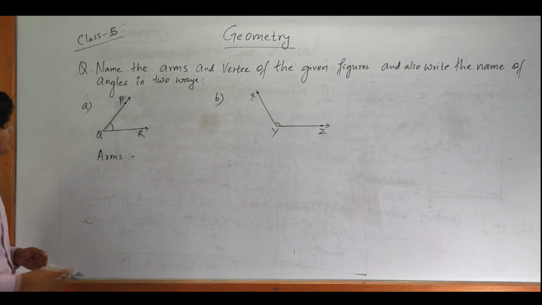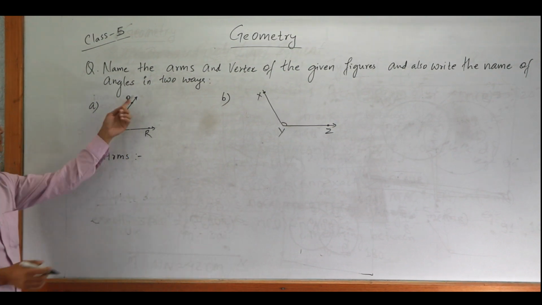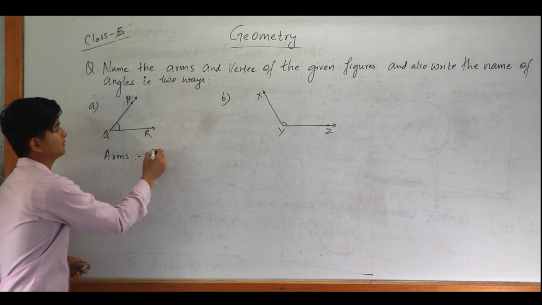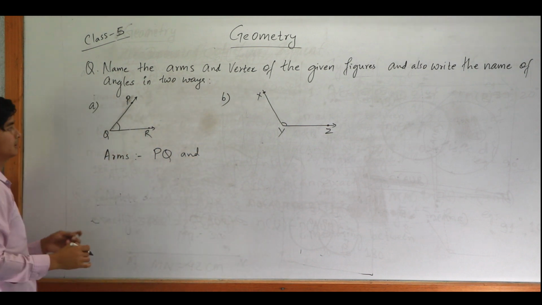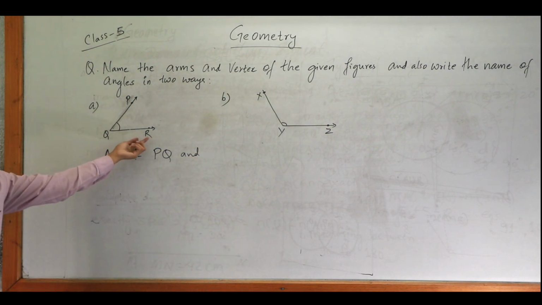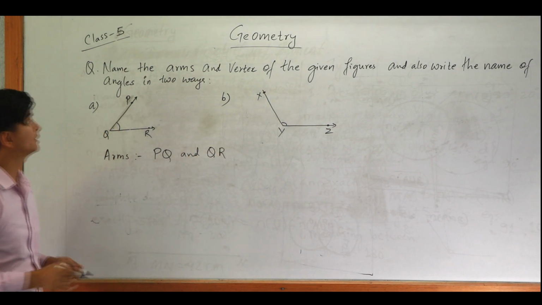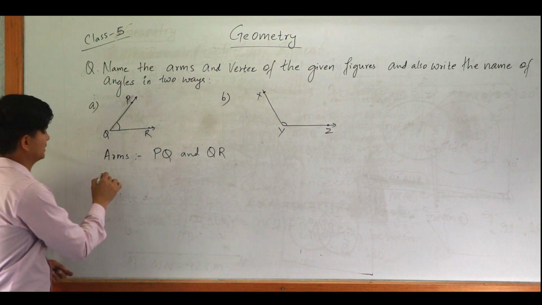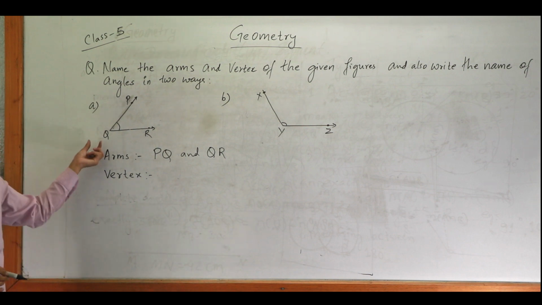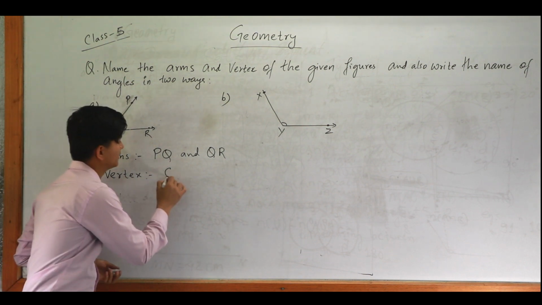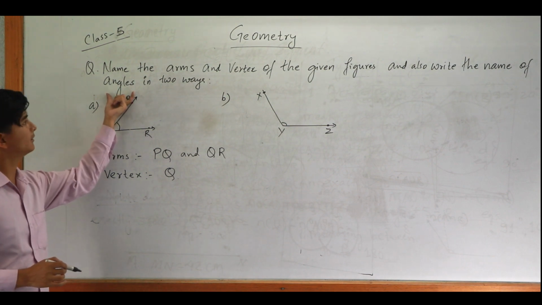I'm writing the arms. So what are the arms? Yes, these 2 are the arms, so you can write here PQ and the other is QR, also you can write RQ. Now next it is vertex. Here our vertex is Q. Yes. Now one thing I have to write, that is the name.